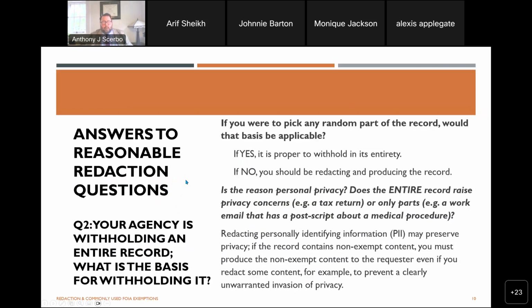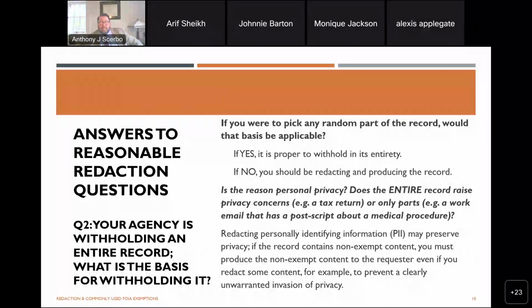The second question: your agency is withholding an entire record. What's the basis? Why are you withholding? And so if you were to randomly pick any part of that record, would the basis applied be applicable to that part of the record? If your answer to that question is yes, then it is proper to withhold the record in its entirety.